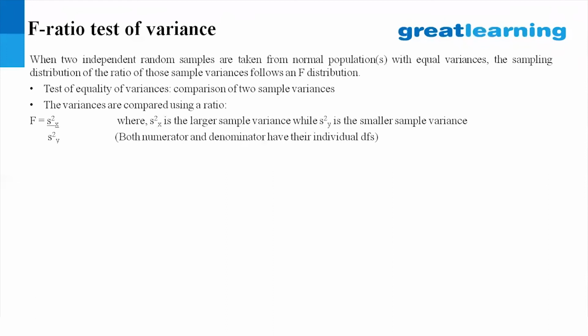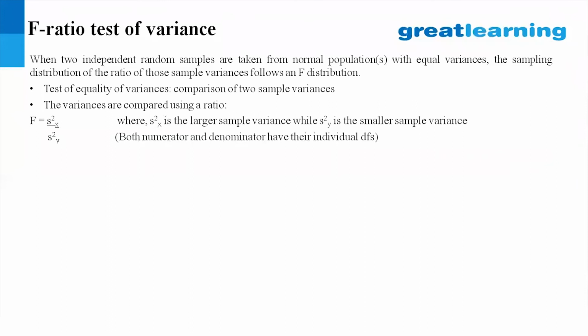You can put either of them in the numerator or the denominator to calculate the F statistic. But to make things simpler, what I normally do is keep the larger sample variance as the numerator and the smaller sample variance as the denominator. Sample 1 may have a larger variance or sample 2 may have a larger variance, but whichever has the larger variance, I put it as the numerator.